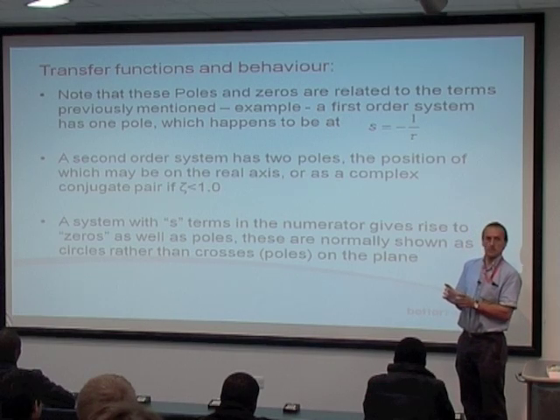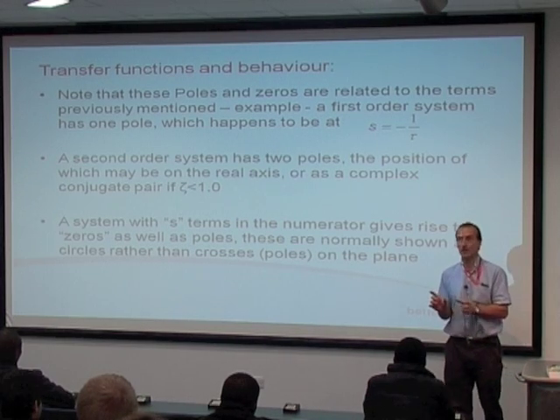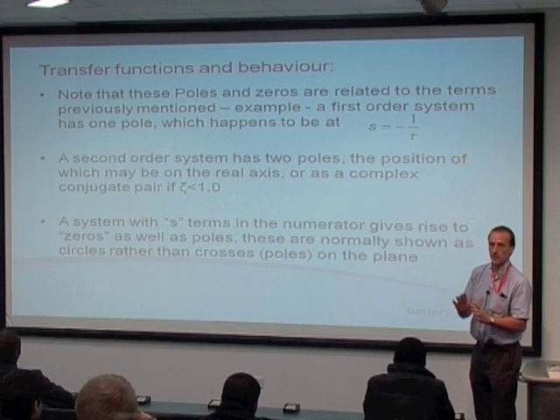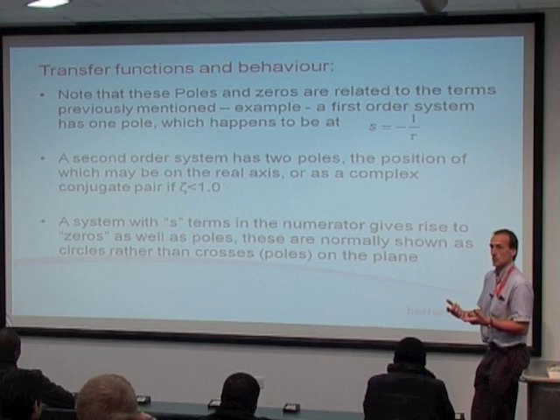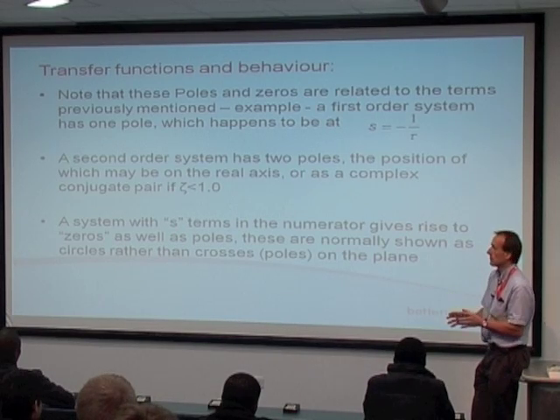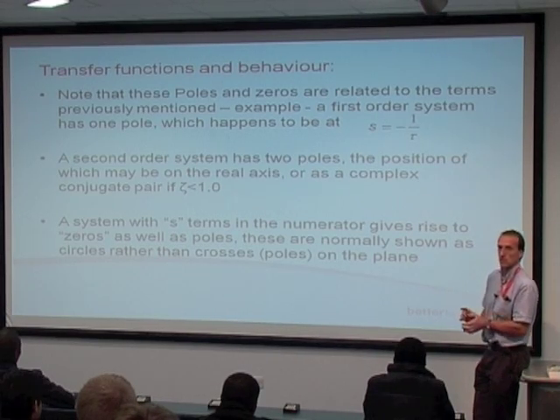In other cases, you will get a pair of complex numbers. You've all factorized quite enough quadratics over the years to know what I'm on about. So if you factorize a quadratic, depending on the range of numbers, then you might get a complex solution.